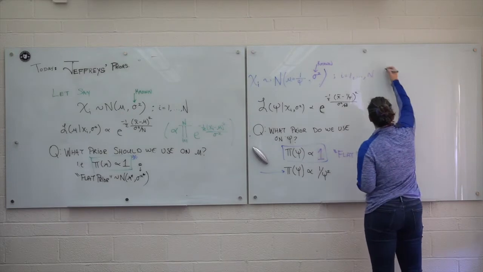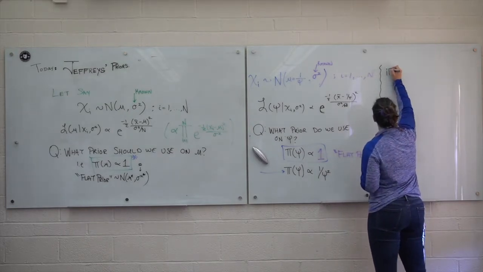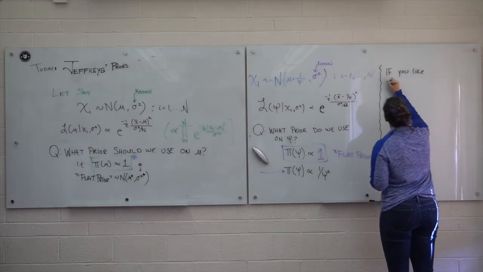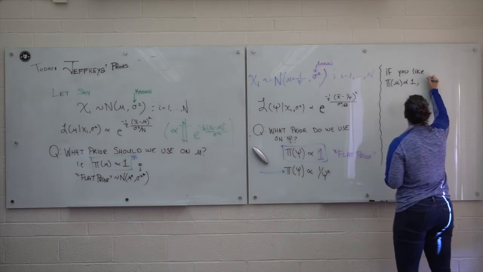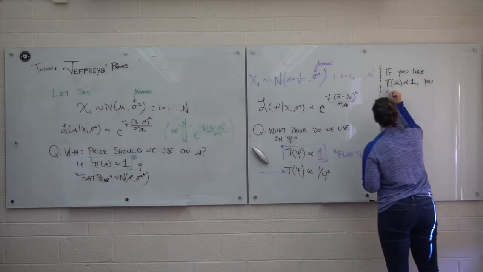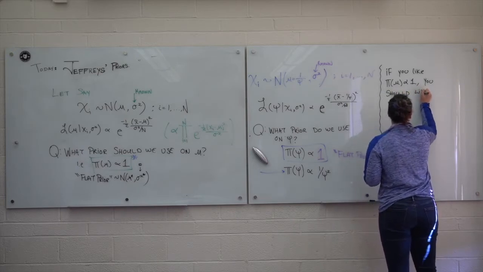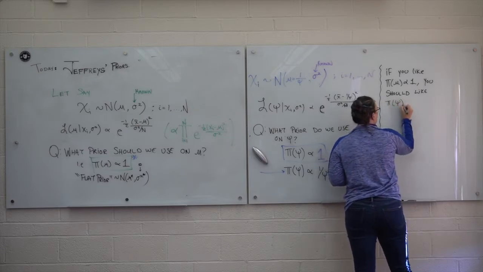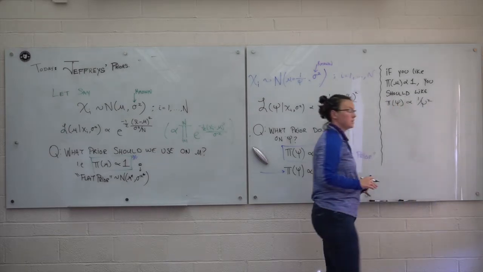So if you like pi of mu proportional to 1, you should like pi of psi proportional to 1 over psi squared.